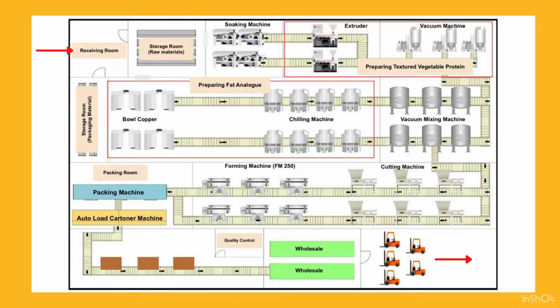Then the vacuum mixing machine is used to combine texture vegetable protein and fat analog together. Then cutting by food strip cutting machine and forming the product by forming machine. The next room is the packing room, which includes a packing machine and auto load cartoner for packing the product in the carton.